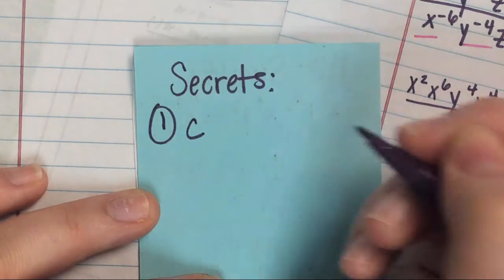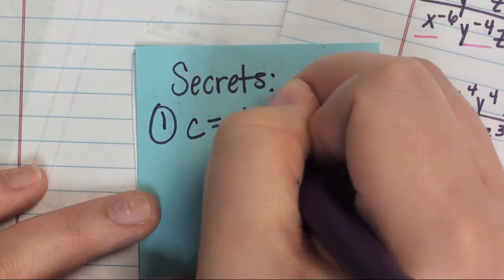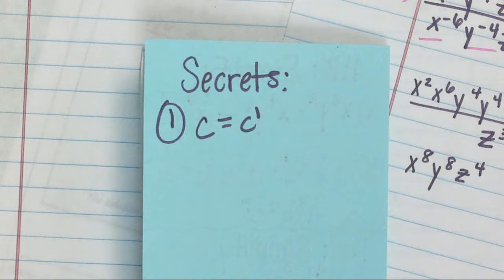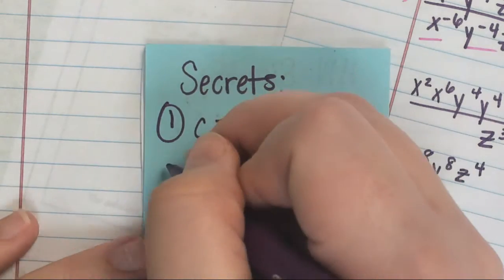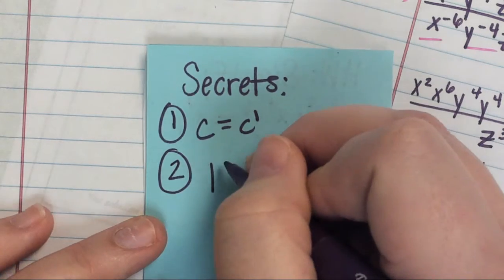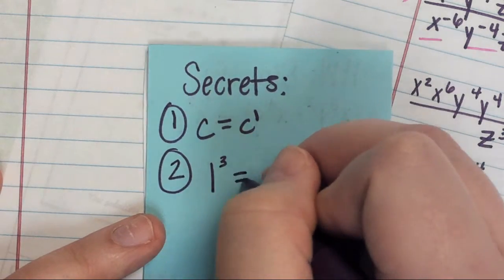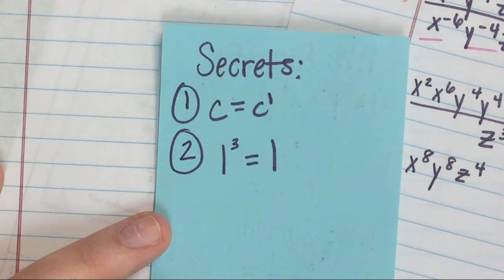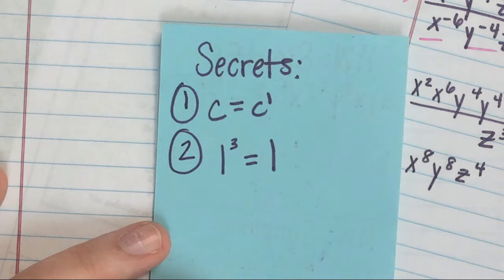Let's go ahead and list the one that you're confused on today. C with no power is understood to be C to the first. That's one of our secrets. Another secret is that 1 raised to anything is always 1. I think you knew the second secret.